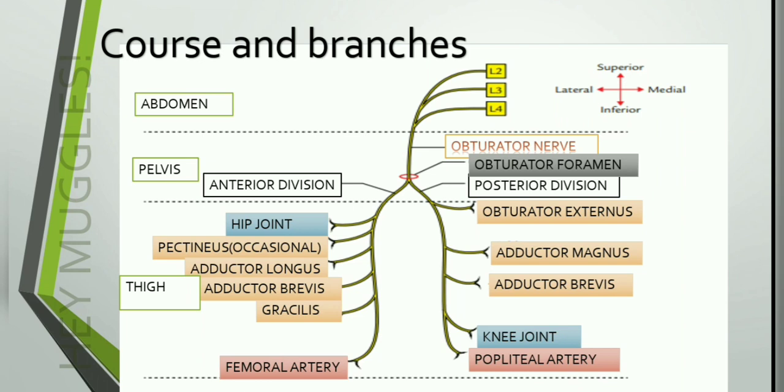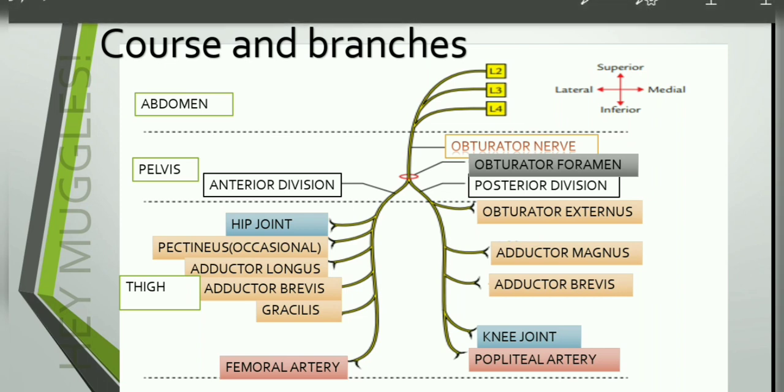Coming to the course and branches of your obturator nerve. While dividing into anterior and posterior divisions in the obturator canal, the anterior division passes downwards into the thigh in front of your obturator externus muscle, right? Here is your obturator externus muscle. The anterior division passes in front of the obturator externus muscle and then it moves downwards behind the pectineus muscle and adductor longus muscle, right?